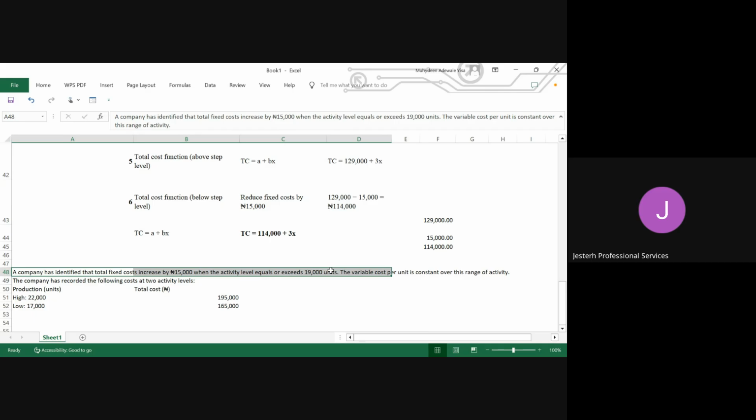We cannot just get the fees cost without ascertaining the variable cost per unit.